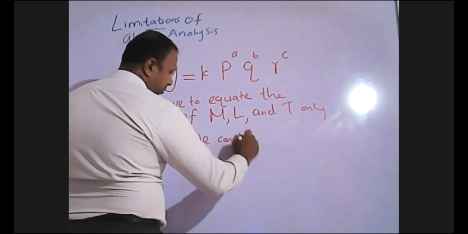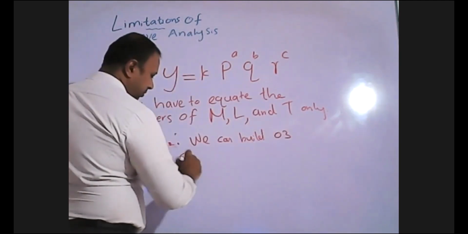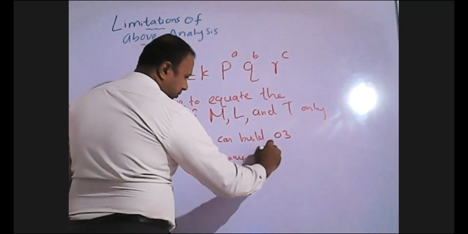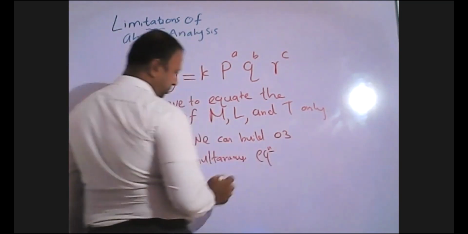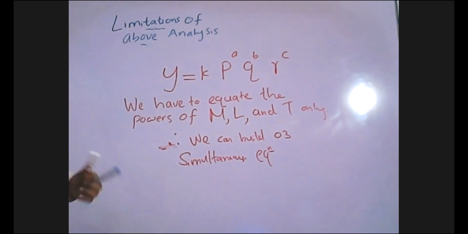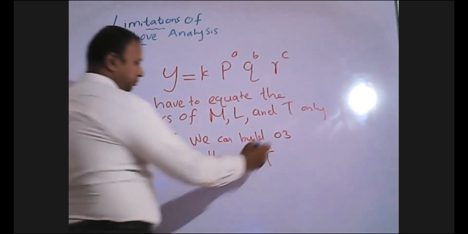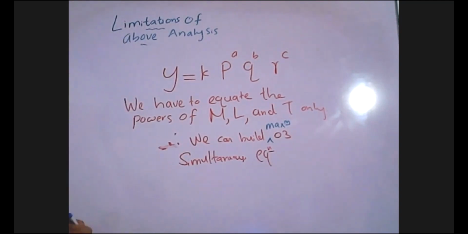So therefore we can build a maximum of 3 simultaneous equations.